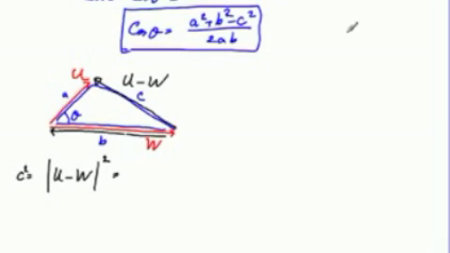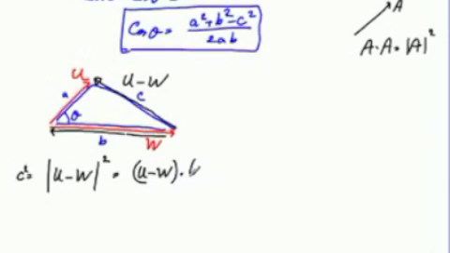Now, if I have some vector A, what did we say about A dot A? It is the same as what? Length of A squared. So U minus W squared is really U minus W dotted with itself. Well, let's just go ahead and do the algebra.